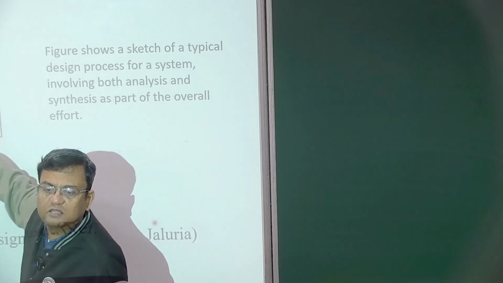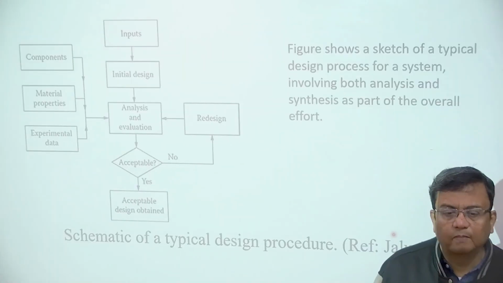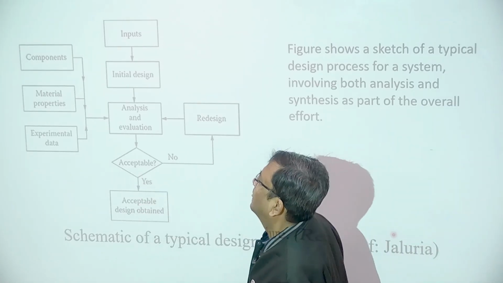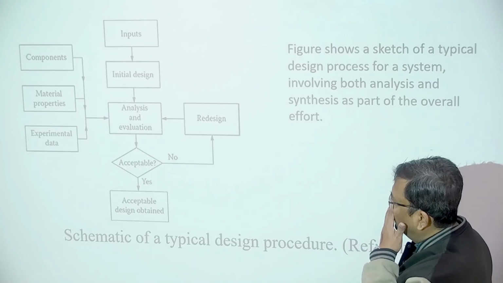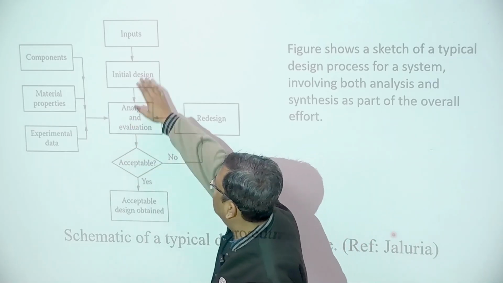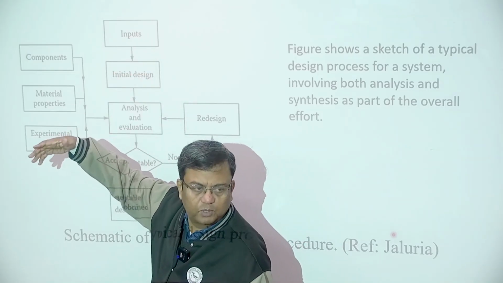That means you change something. Maybe you change the dimensions. Maybe you change the material. And if it is acceptable, then you come here. There's one more thing: when you do this analysis and evaluation, there are also some inputs apart from the initial inputs of the steam flow, steam temperature, water requirement and all that.